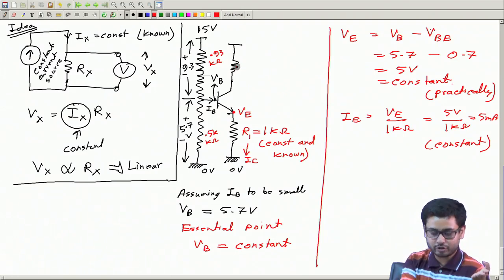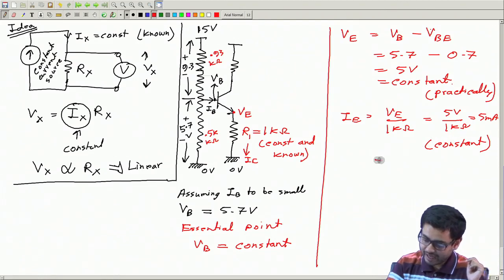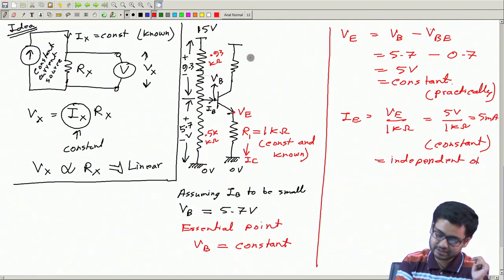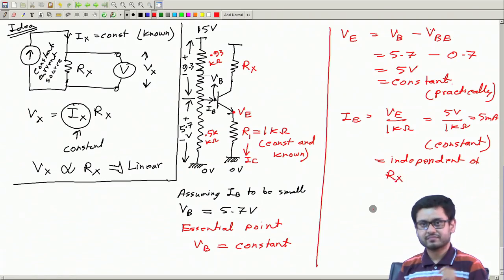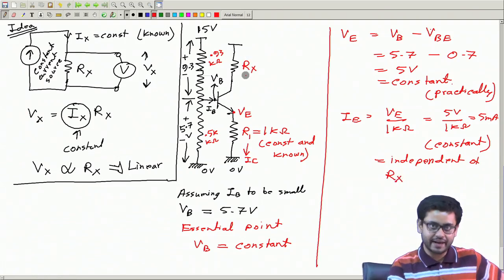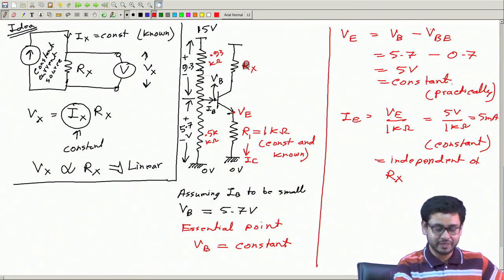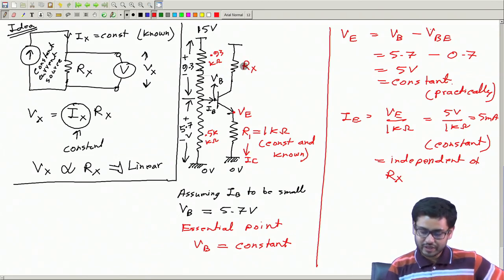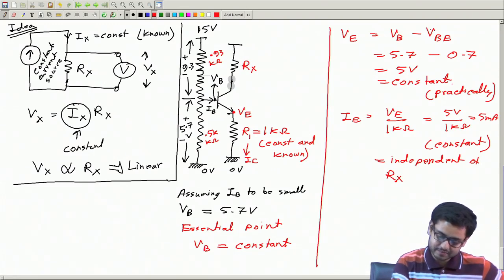I haven't talked about this resistance at all. So this is constant and independent of this resistance. Call it Rx. You can now guess, I am calling it Rx, which means this is going to be the unknown resistance that I want to measure.